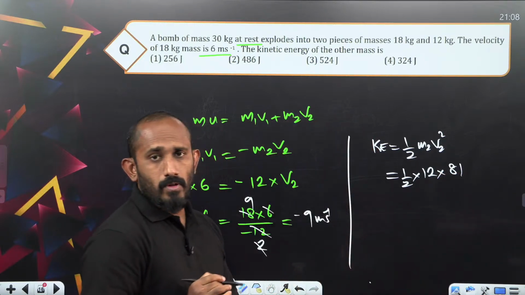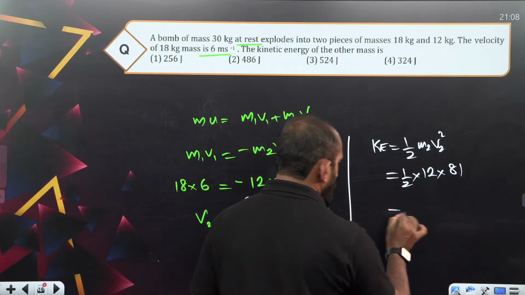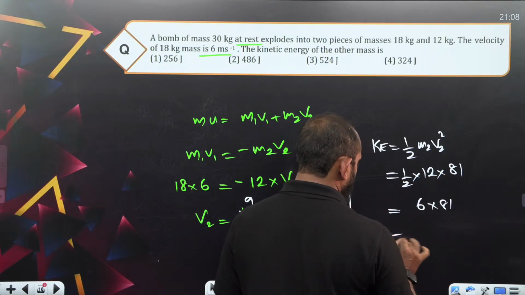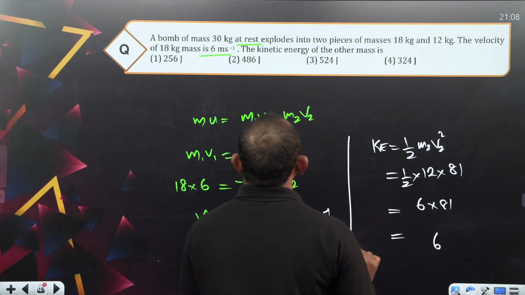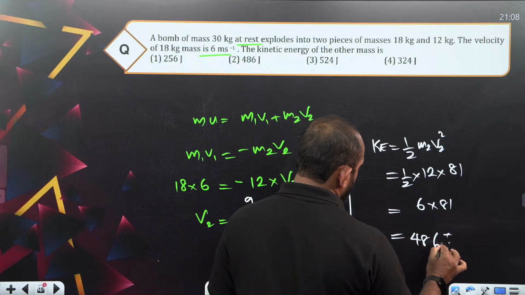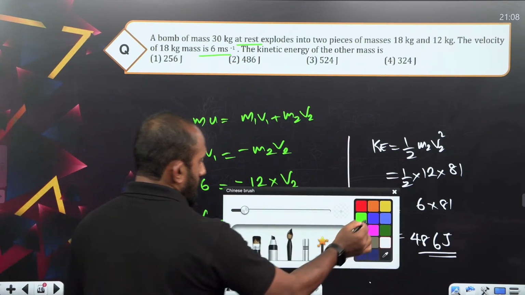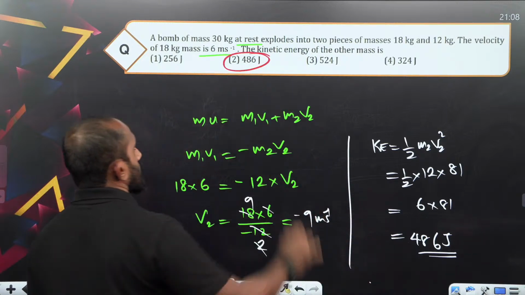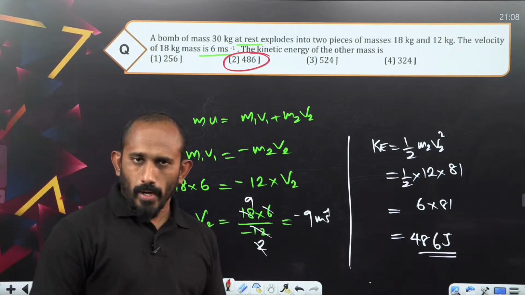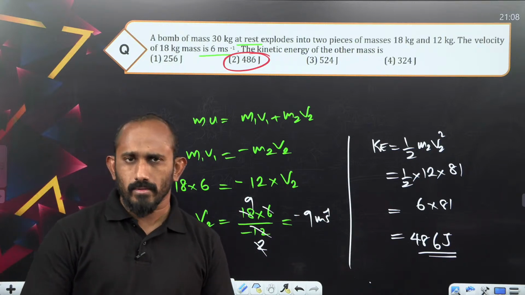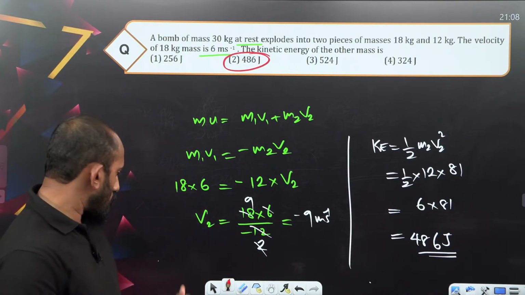So 6 times 81 is there, if you cancel it, 2 sixes, 6 into 81. That will be 486 joules. Okay, yeah, correct answer. So it will be second answer. Okay, so just conservation of linear momentum concept is again applied there. Okay, next question let's do.